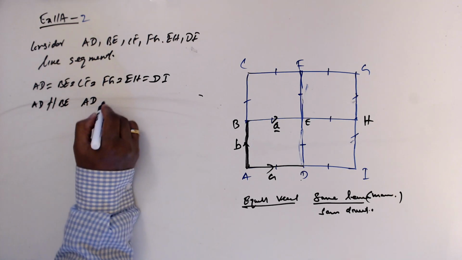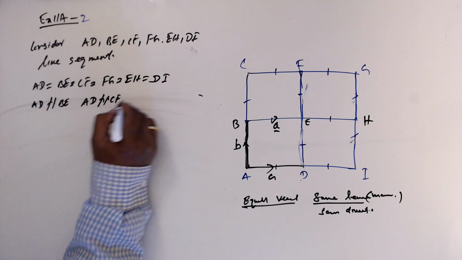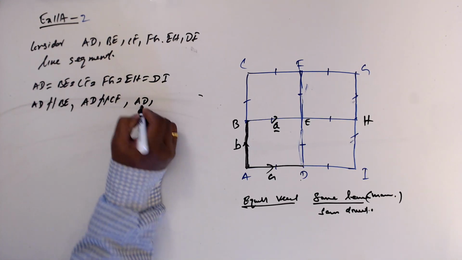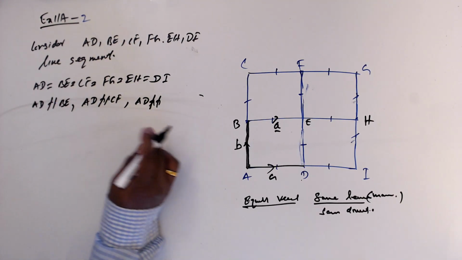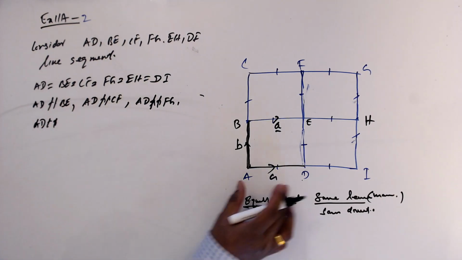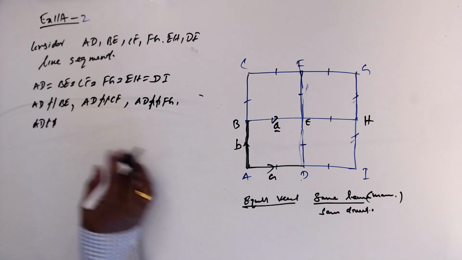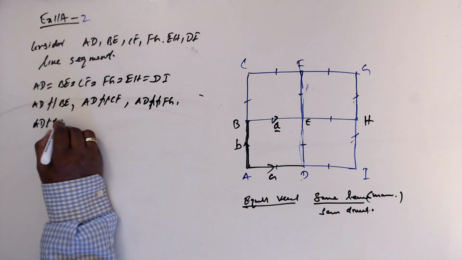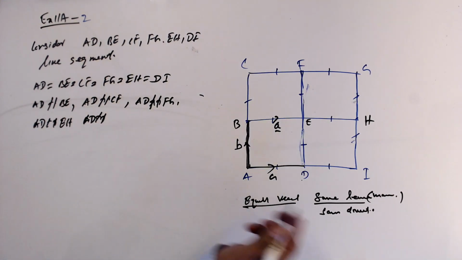Again, AD is parallel to CF, and AD is parallel to FG, and because we are working with AD, AD is parallel to EH, and AD is parallel to DI.